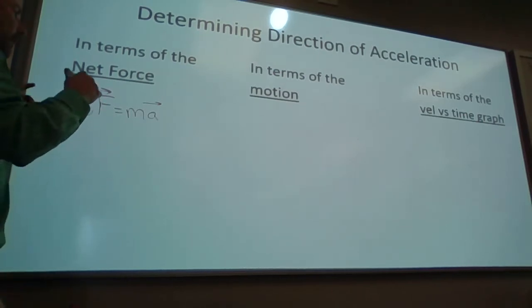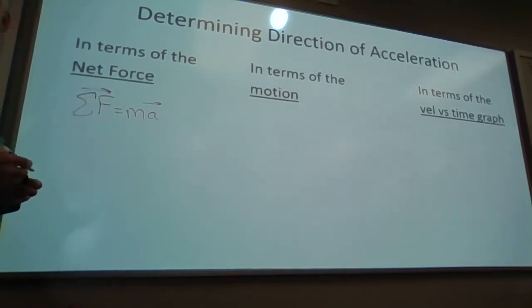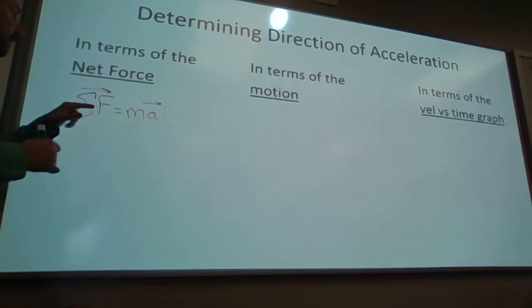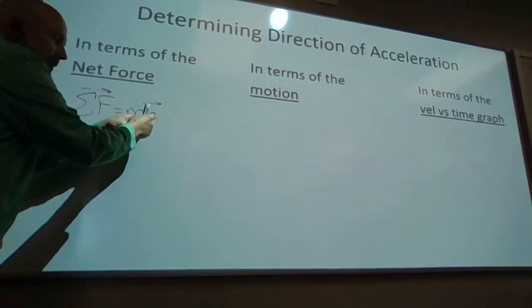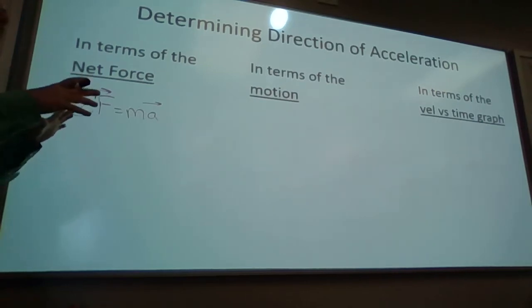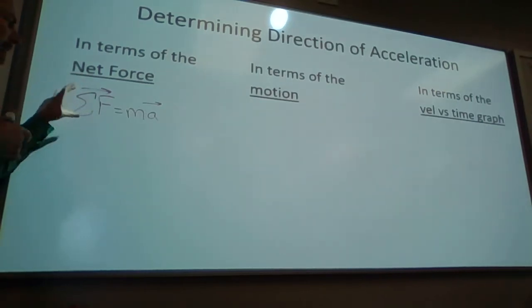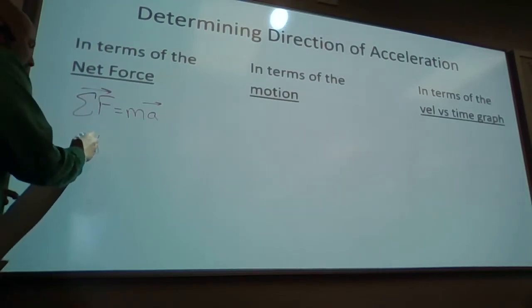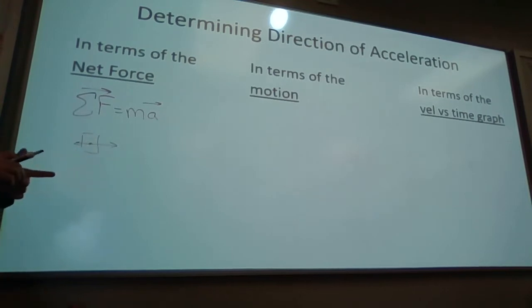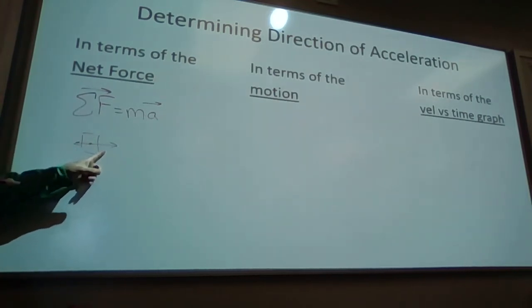Okay. This is always the case. The net force, the direction of the total force, is always the direction of acceleration. This is what causes this to happen. Okay. Now, one way you could misinterpret me on that is: it's the total force, not just one force.